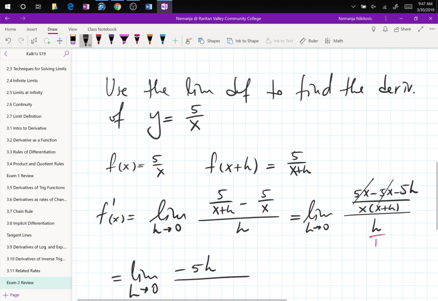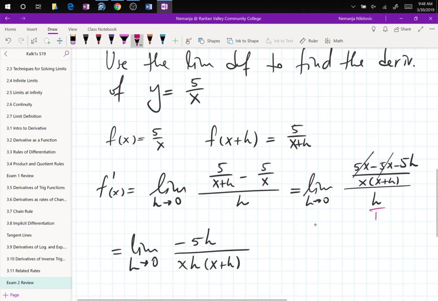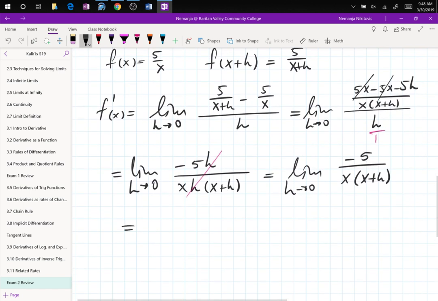So 1 multiplies negative 5h, and in denominator you have x, h, x plus h, and now h drops, and you have the limit h goes to 0 of negative 5 over x times x plus h. Now if h goes to 0, then you are left with negative 5 over x times x, and that's just negative 5 over x squared.